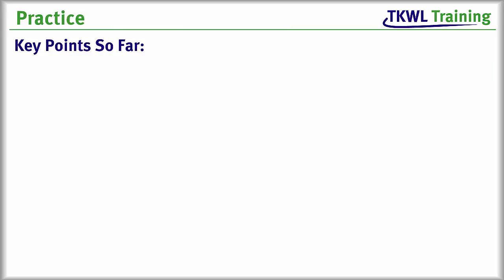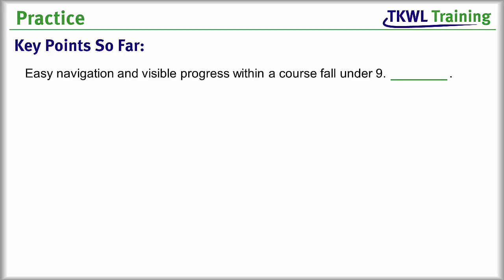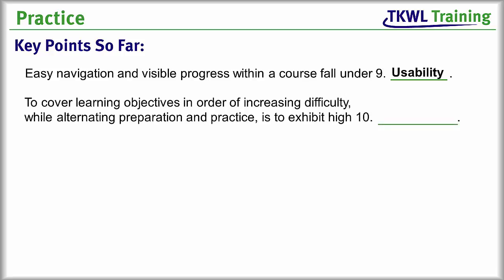Within the user experience, we've covered 5 categories. A usable course is one that's easy to get around and that gives you visual cues as to how far you've come. An organized course presents topics in logical order and gives students spaced chances to try their hand at the skills.